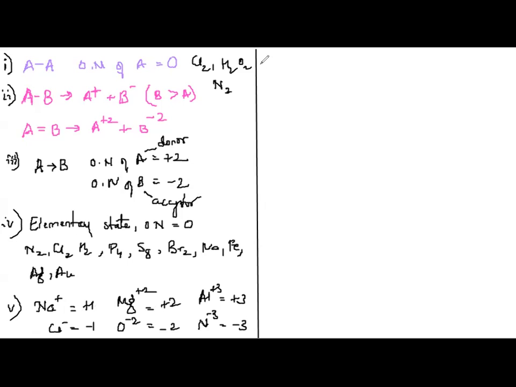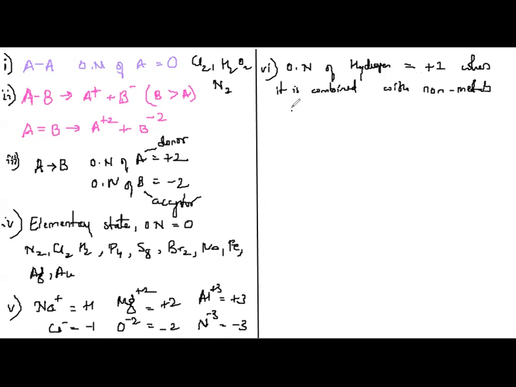Okay. Now, very important from here, please pay attention. The oxidation number of hydrogen is +1 when hydrogen is combined with non-metals.